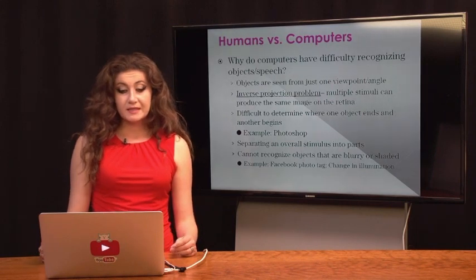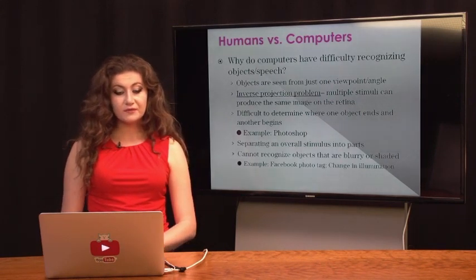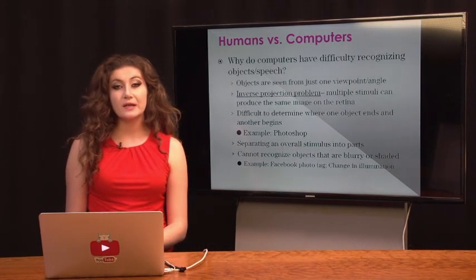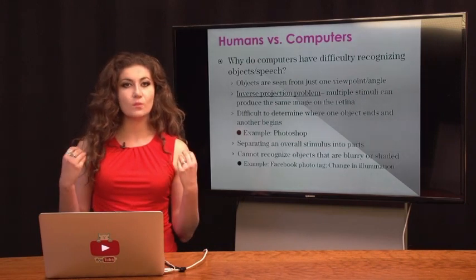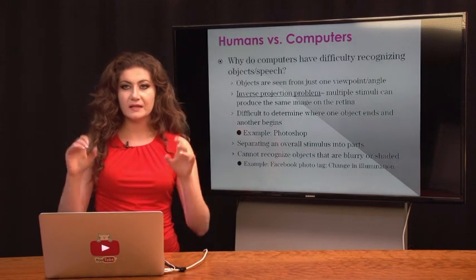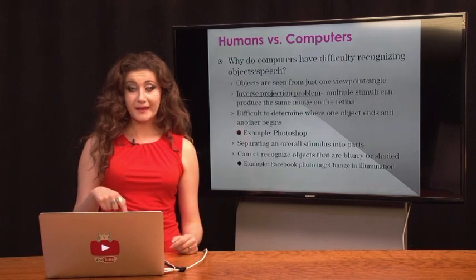So it makes it difficult to determine where one object ends and another begins. And a perfect example of this is Photoshop. I don't know if any of you guys actually tried editing photos in Photoshop, but there's this wand tool where you can click and it sort of highlights an entire area that you can erase or edit out.